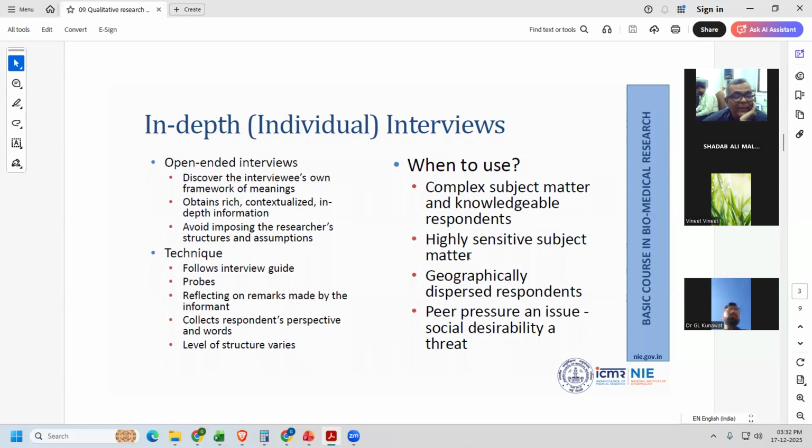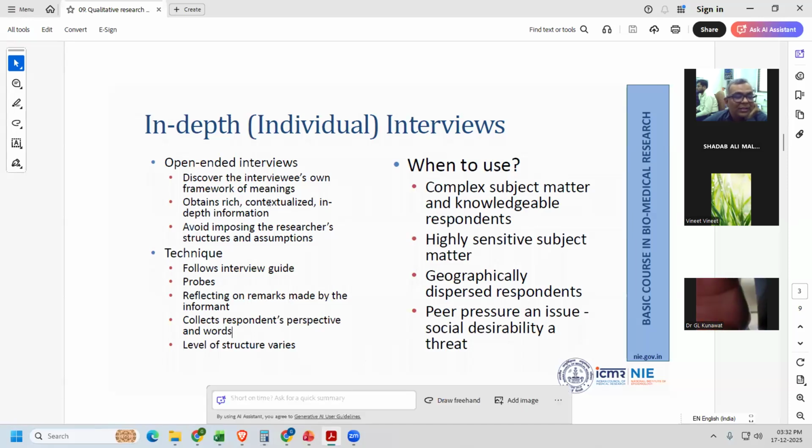This is on a lighter note. Then geographically dispersed respondents, who can't come to one place, so in that case you can do it. Sometimes now people are using FGD online also, but it has its own positive and negative implications. Then peer pressure on an issue, and social desirability or a threat to open discussion. So in all these cases, we will go for an in-depth interview.